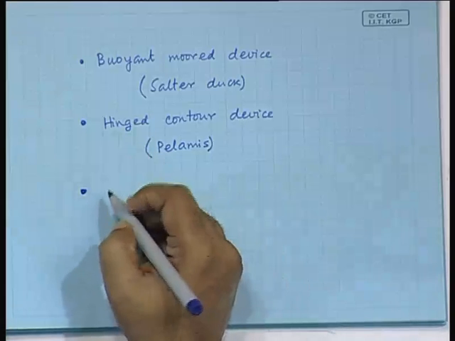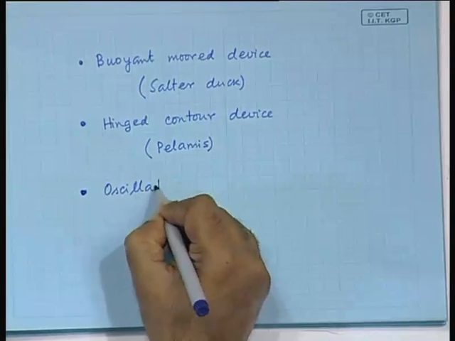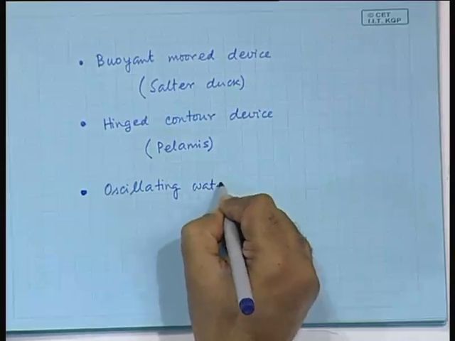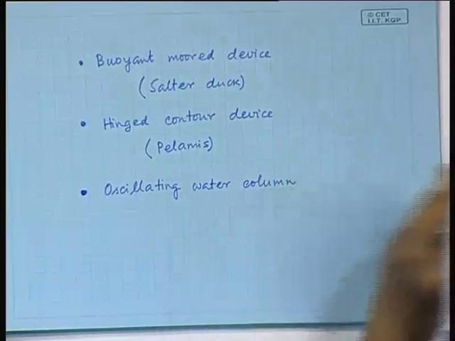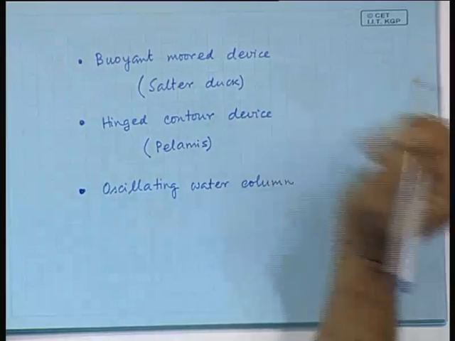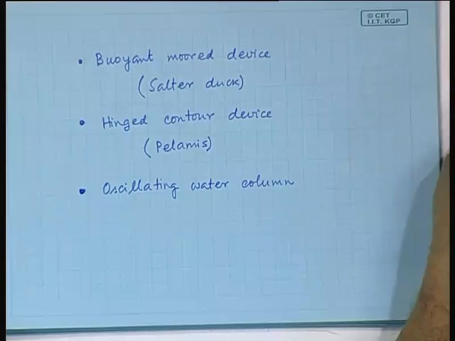The third idea is the oscillating water column. So, essentially these are the 3 ideas that have been tried out in various places and found to be working reasonably well.